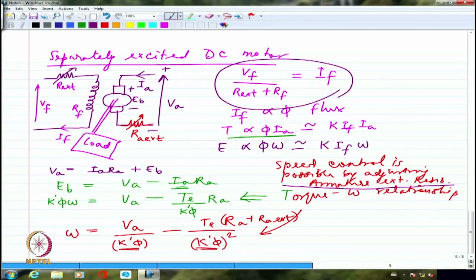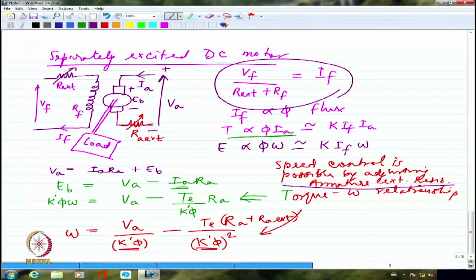This is an important relationship in a separately excited DC motor, where we are able to adjust the speed versus a given torque by adjusting the armature resistance.